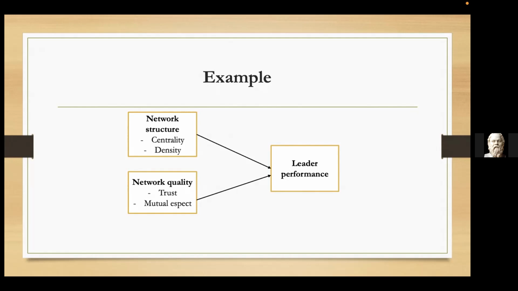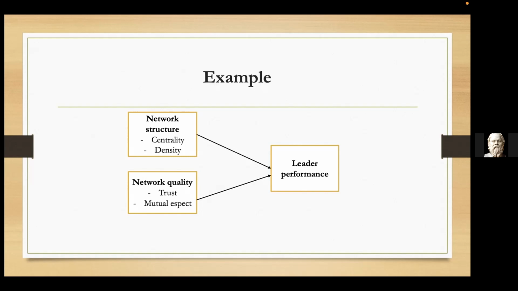I've spoken Greek, but allow me to tone it down a bit. So, say you wish to investigate leadership behavior or influence or performance. I'm looking at the individual up there.